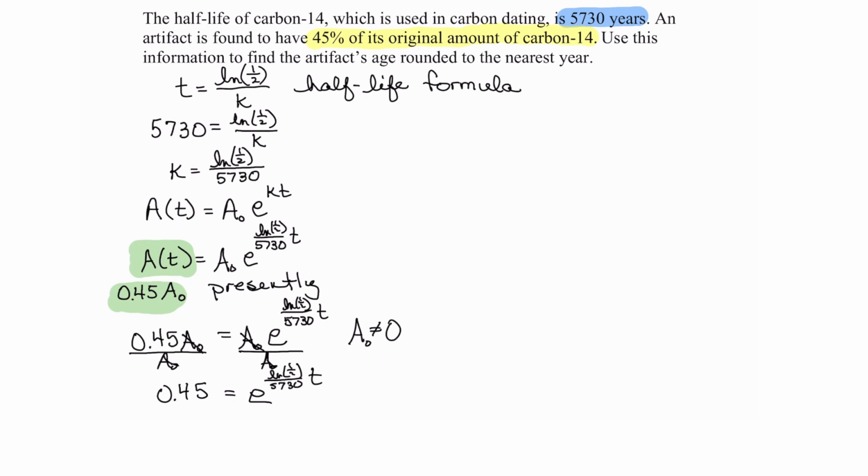So coming up to the right side over here, we'll have the natural log of 0.45 is equal to, well, the natural log of e to that exponent will just be that exponent. So we have the natural log of 1/2 divided by 5,730 times t.